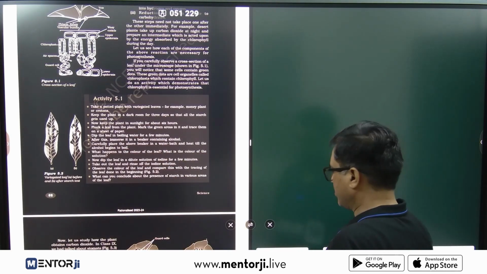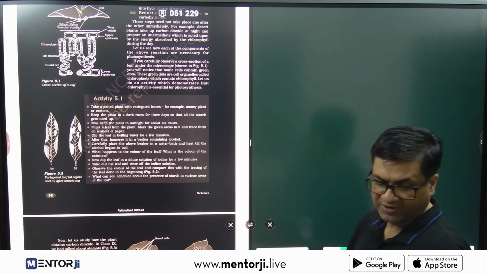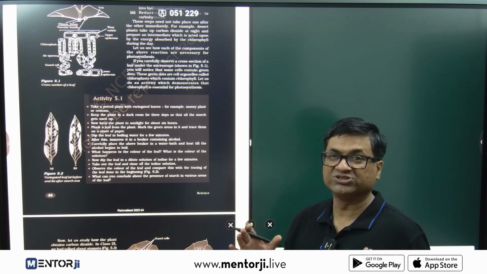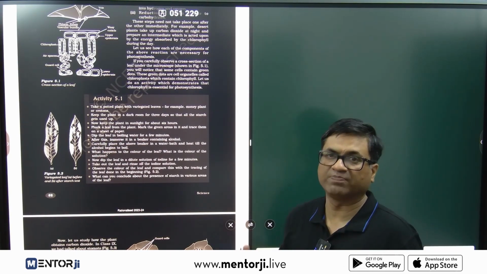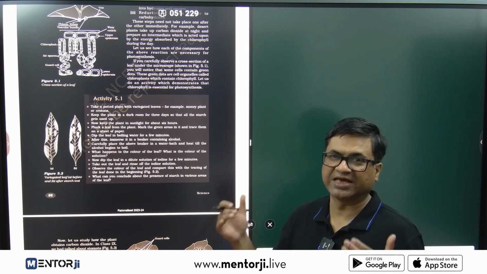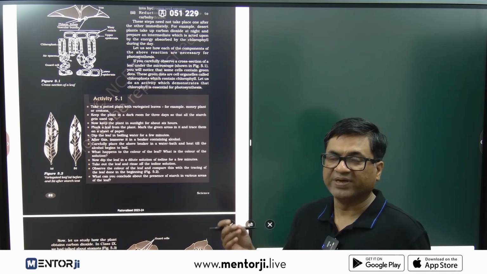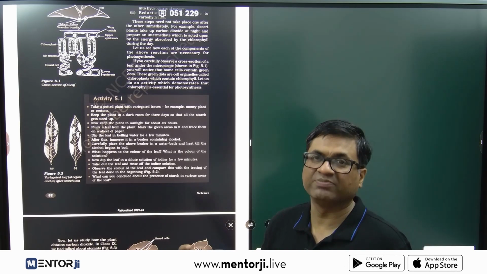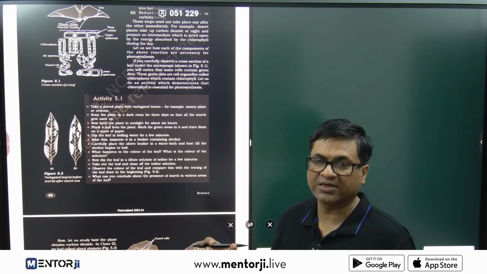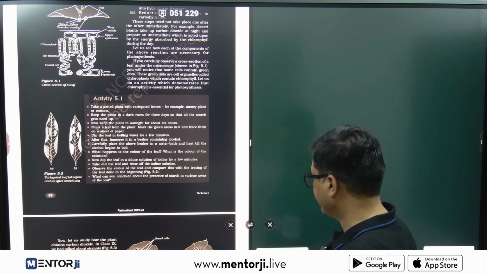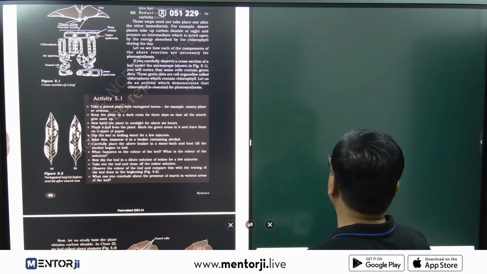Activity 5.1. For any activity, first we have to mention the aim, for what purpose we are having this activity, with what basic objective we are studying this activity and why we want to study it. So let's focus on that.